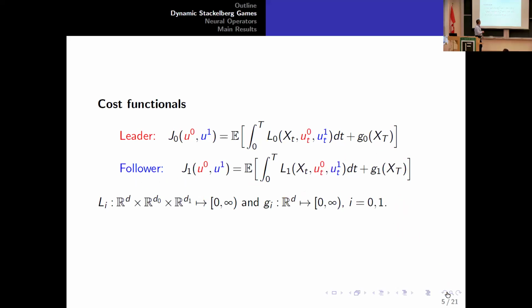They are also generic: that is L0, L1, and G0, G1. They are just generic functions.